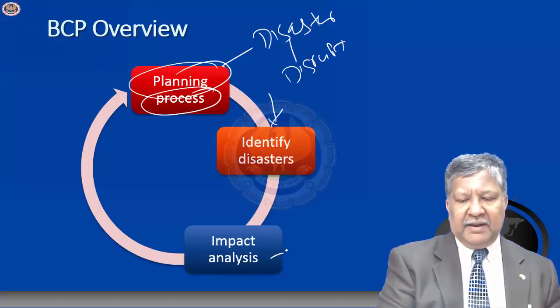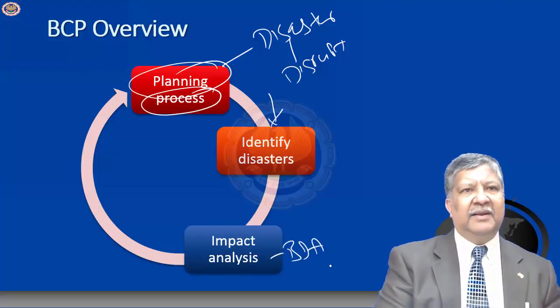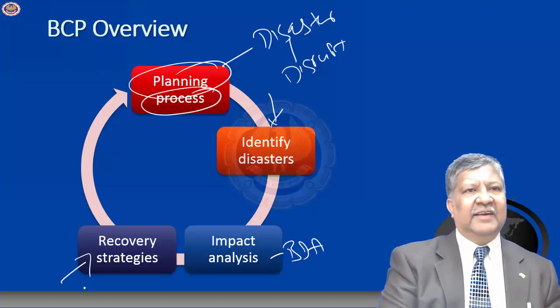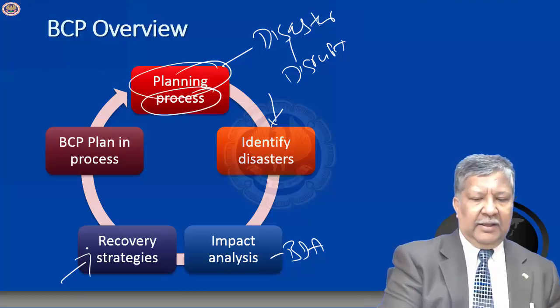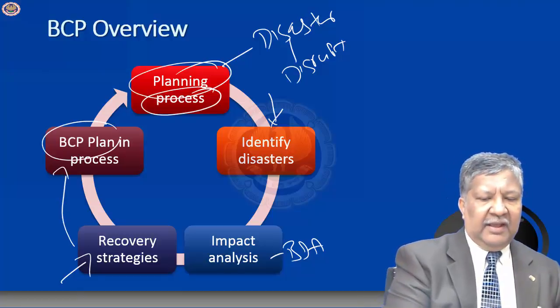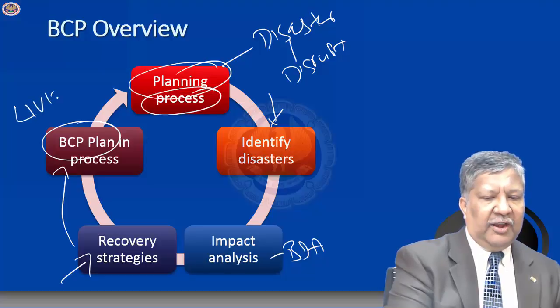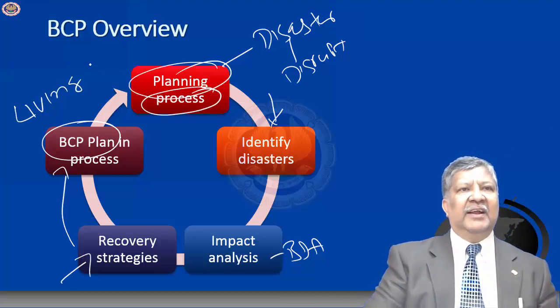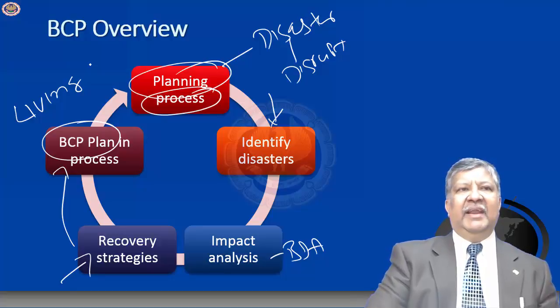Based on that, you do an impact analysis, which is also called a business impact analysis. And then based on the business impact analysis and the needs of the business, you decide the recovery strategies, and you prepare the business continuity plan. This business continuity plan is a living document, not a document which is prepared once and for all, which means you need to constantly and continually test, maintain, and update the plan as per the requirements.